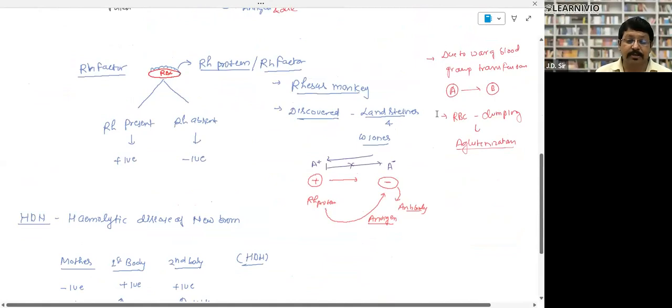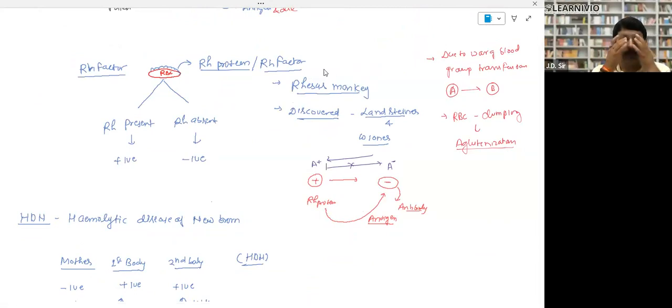What is RH factor? Look, I think you must have studied RH factor in genetics, heredity and variation. Did you or not? RH factor, positive and negative blood group. ABO blood group is there. Multiple allelism. Have you gone through that or not?